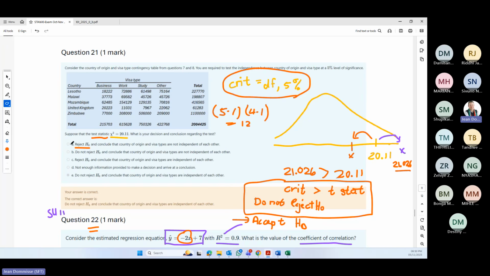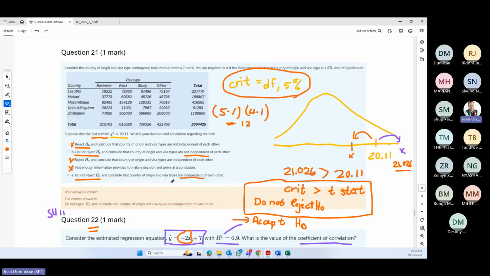Now we're working with two options. So let's do: do not reject the null hypothesis and conclude that country of origin and visa types are independent.